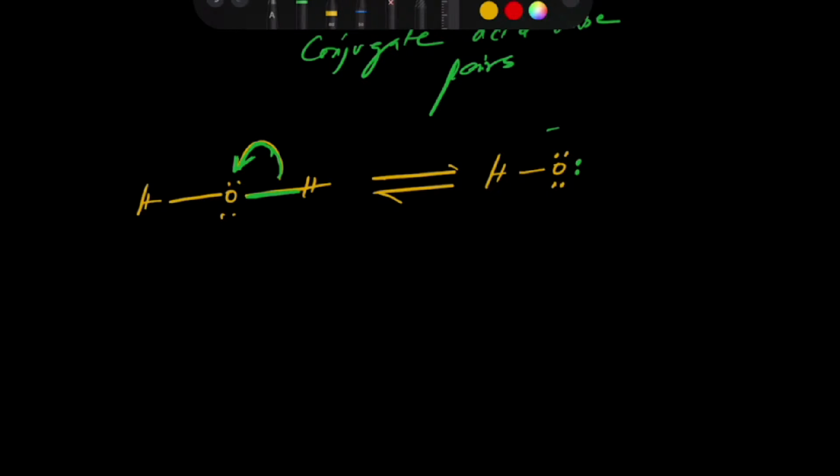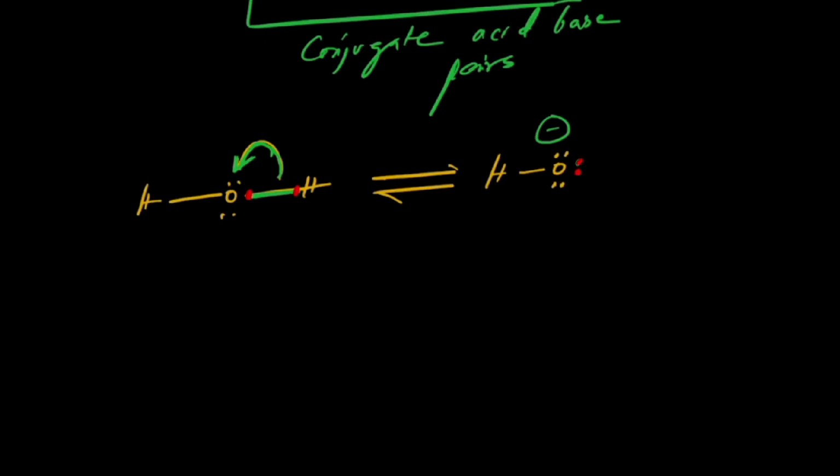Now it has negative 1 charge. Why? Because first it had only one electron here, now it has this electron also. So you have two electrons in place of one electron, so one extra electron you get, and you get a negative 1 charge. Now what is left here? H plus, because it is losing this red electron, so one electron is becoming less, so you got H plus.